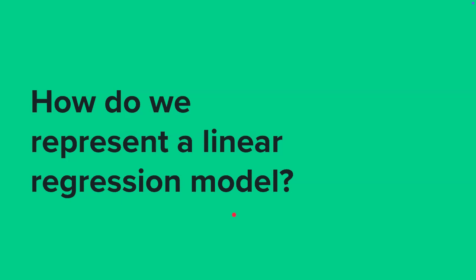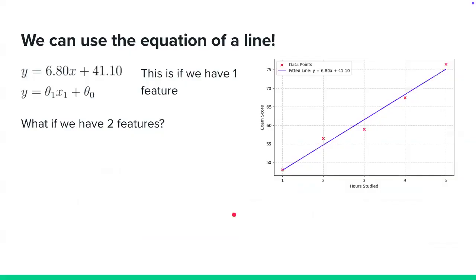So how do we represent a linear regression model? As we saw in the first lecture, we can use the equation of a line, y equals mx plus b. But now we're going to use slightly different notation. It is the same thing, but we are just using different variables.